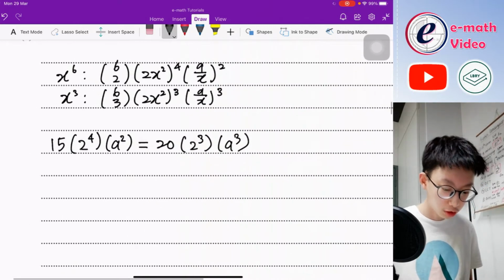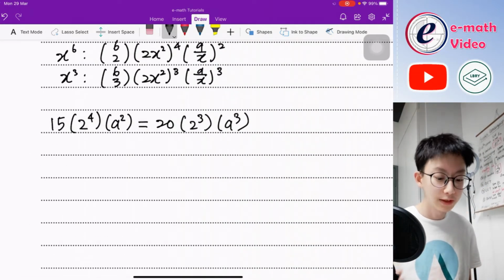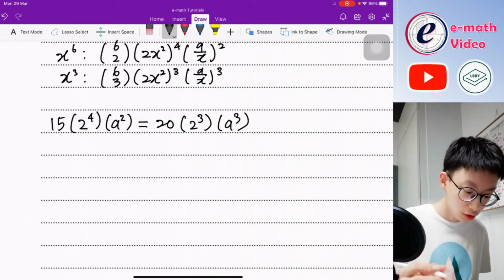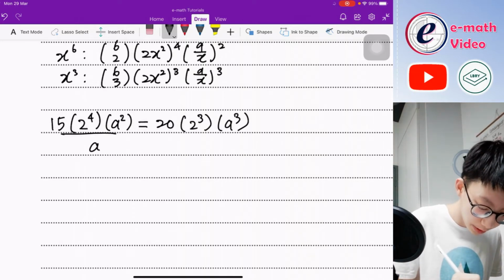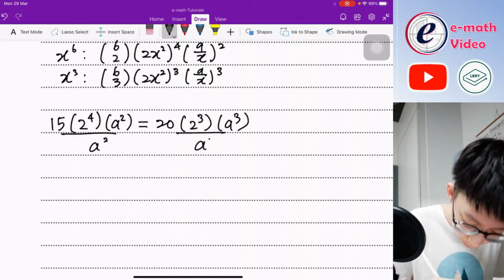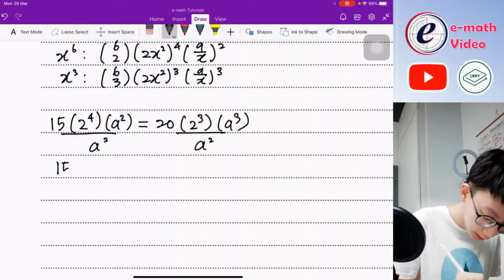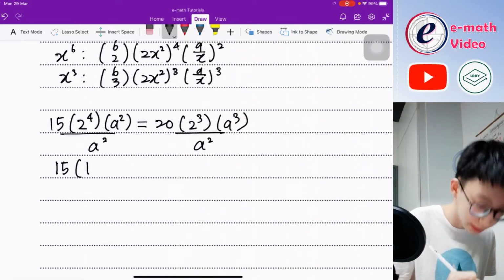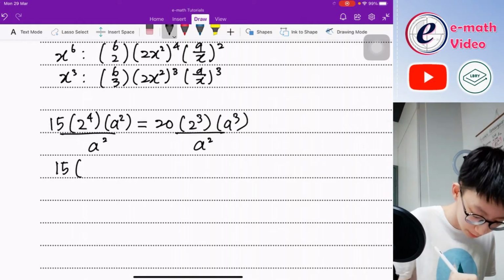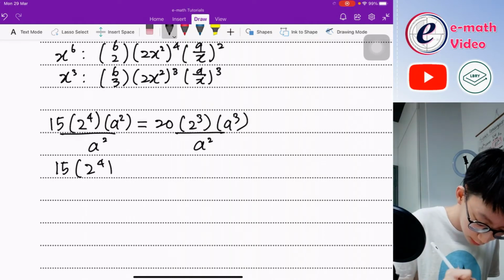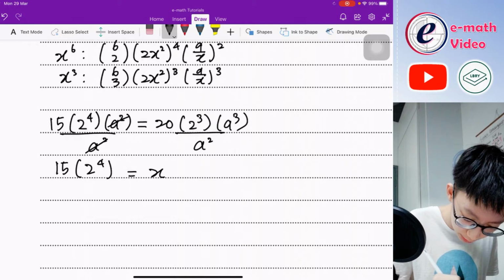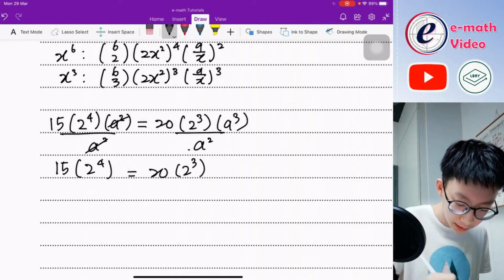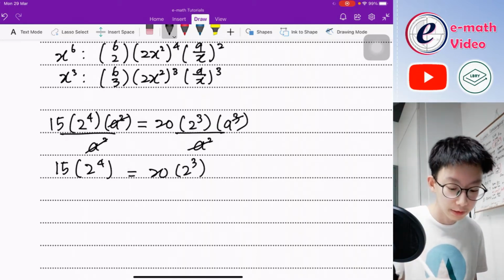Alright, so we just go ahead and find the value of a. Divide both sides by a squared. 15 times 2 to the 4th power, this and that will cancel. 20 times 2 to the 3rd power, this will just leave a to the 1st power.